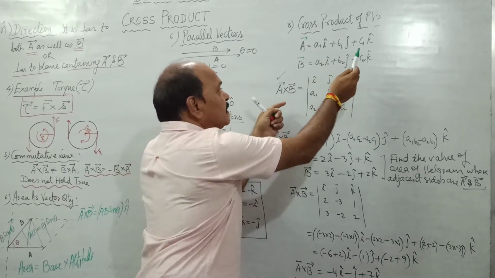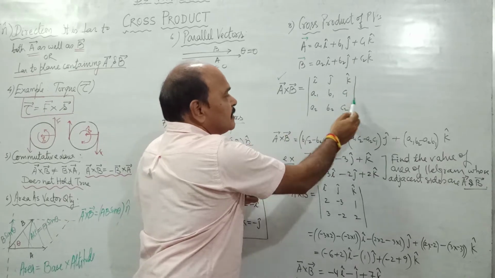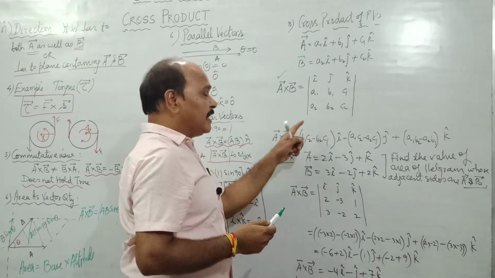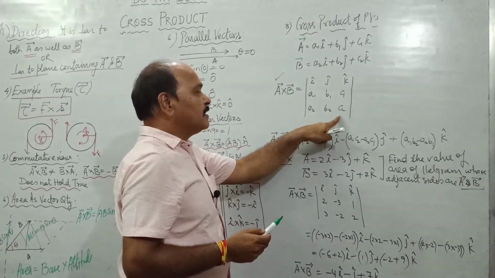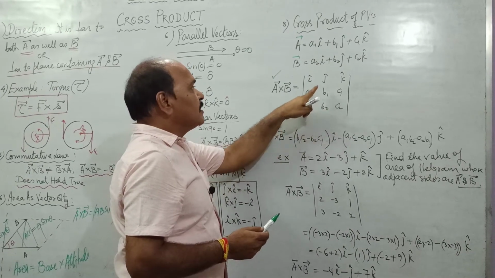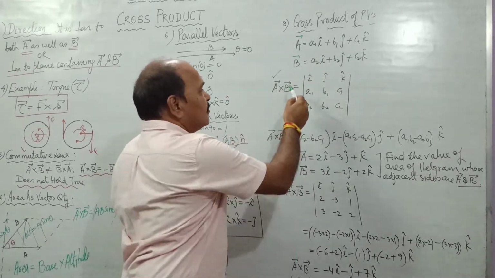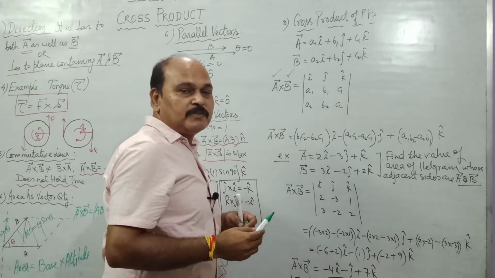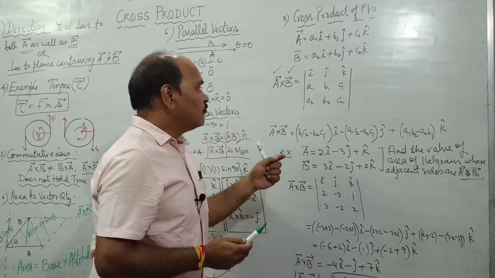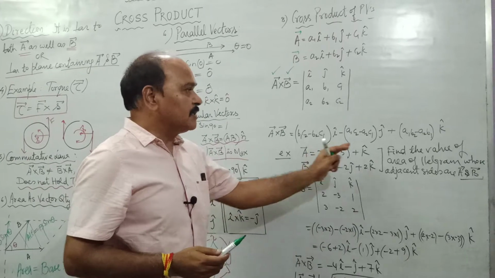A1, B1, C1. They are going to occupy second row. And the elements of the third row from left to right are the coefficient of I, J, K of vector number 2. So after making this matrix, what do we do? We straightway write down this answer.